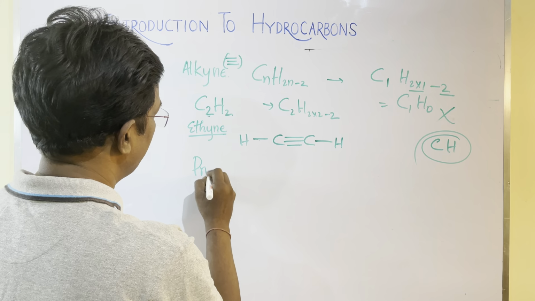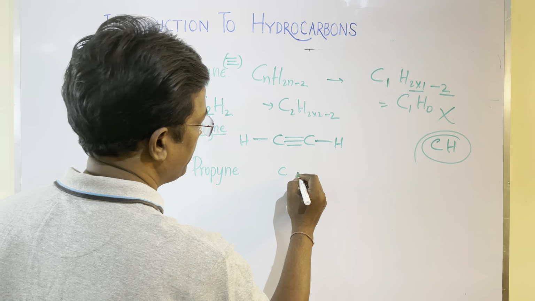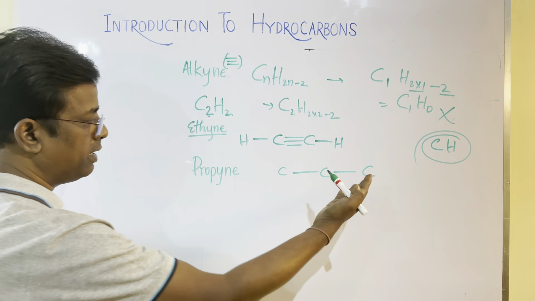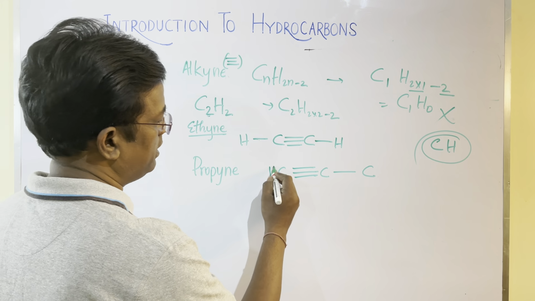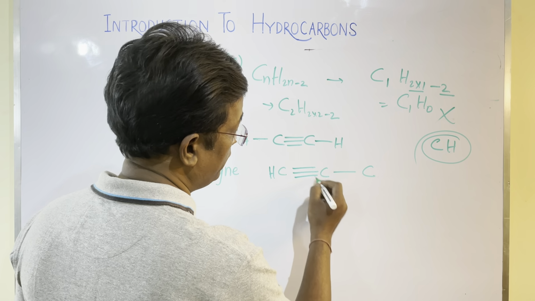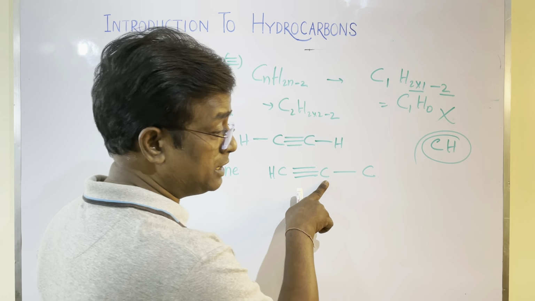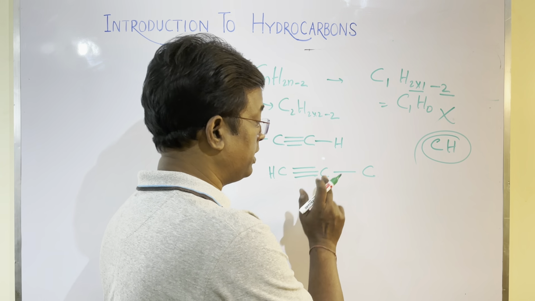Then propyne, C and C, one triple bond. We don't have to fill it with hydrogen because this carbon is already saturated with 4 bonds. No extra bonds are required for this middle one.